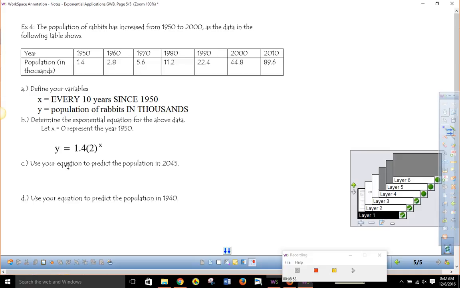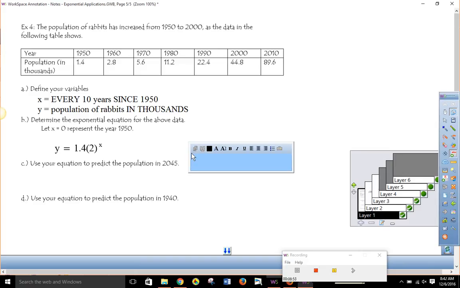So, how do we predict the population in 2045? I know a bunch of you guys already know this. We're going to take 2045. We are going to subtract 1950. And from that, you should get 95.